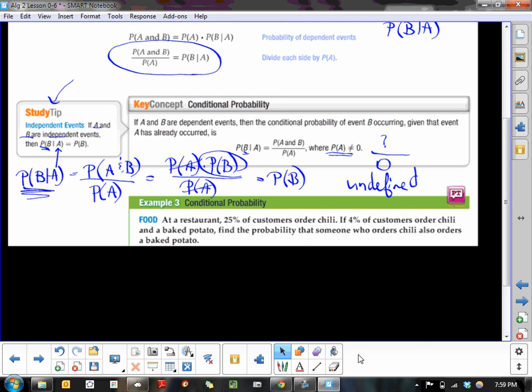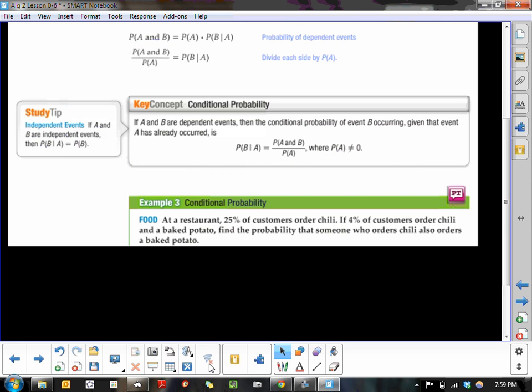So let's take a look at conditional probability example number 3 and see if we can apply that in this situation. At a restaurant, 25% of the customers order chili. If 4% of the customers order chili and a baked potato, find the probability that someone who orders chili also orders a baked potato. In this problem, they've asked us to find the conditional probability.